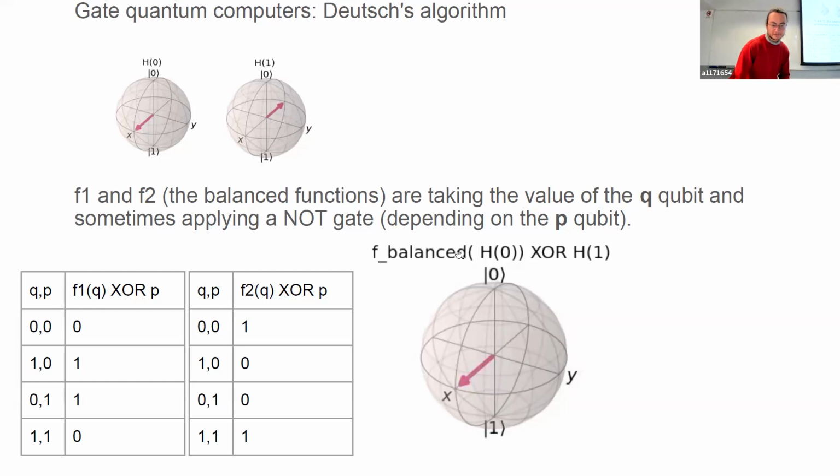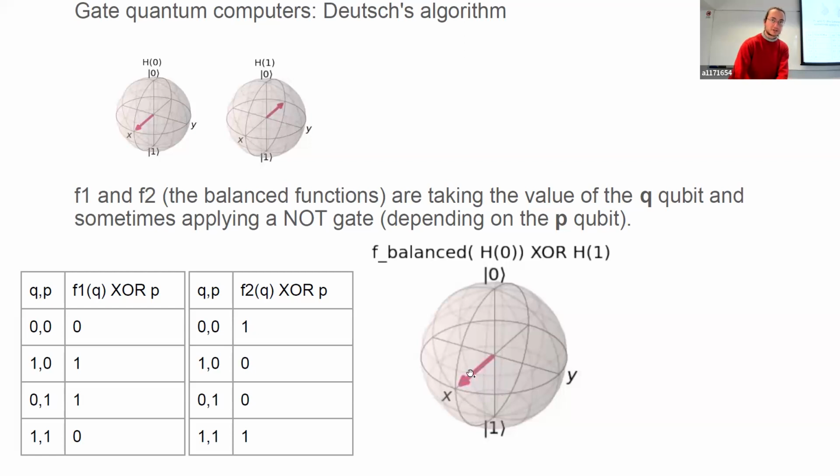So now if we have an F balanced, either F1 or F2 applied on Hadamard 0 XOR Hadamard of 1, we get that the state remains on the x-axis, right? So that's good, because then no matter whether it's F1 or F2, the output state is the same.